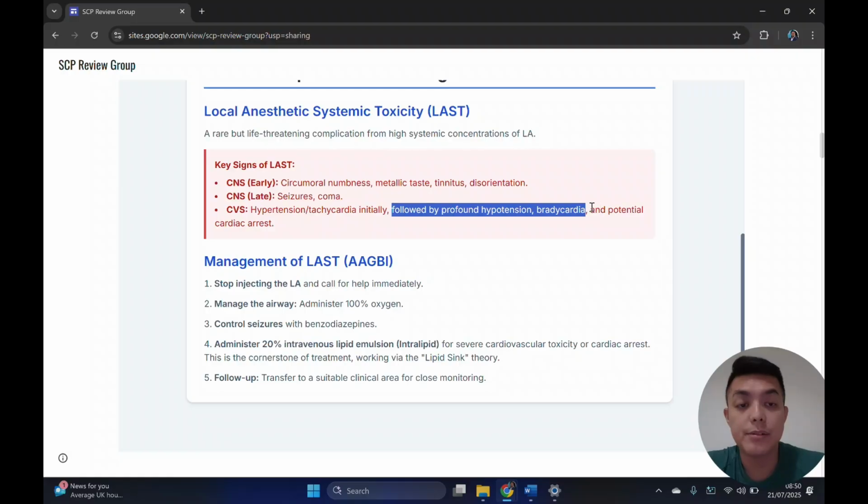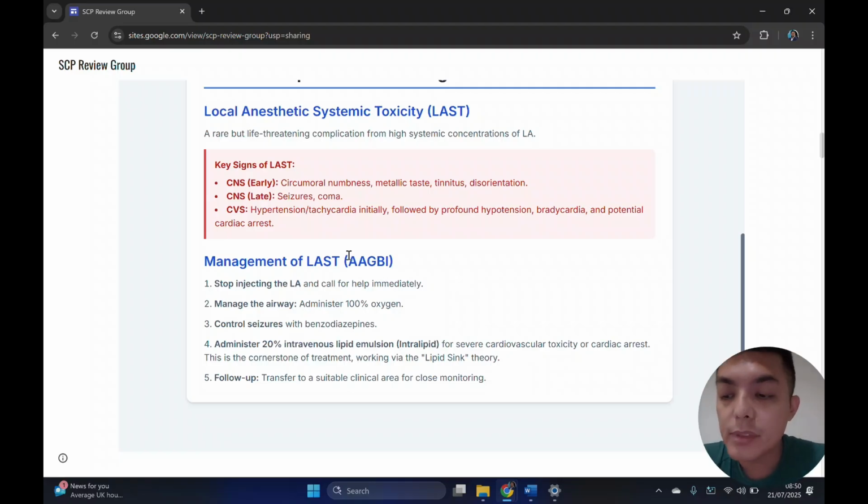And the very thing we don't want is cardiac arrest, which is a potential outcome. So the first one we will see is the CVS, and then CNS. That's usually how it presents.